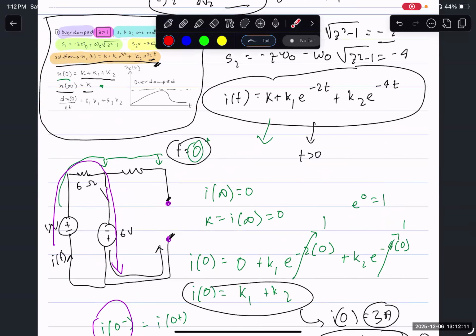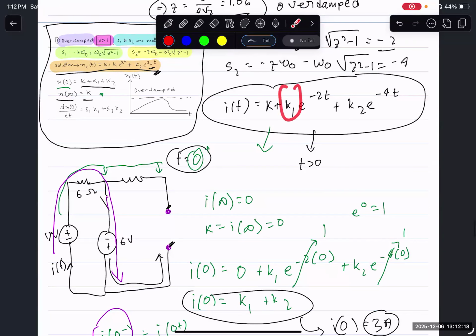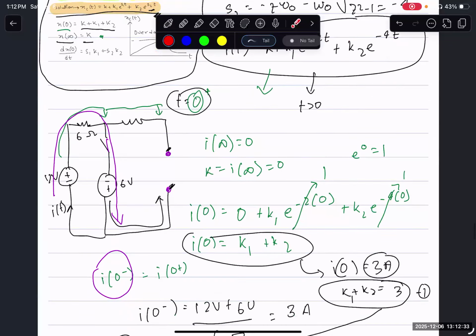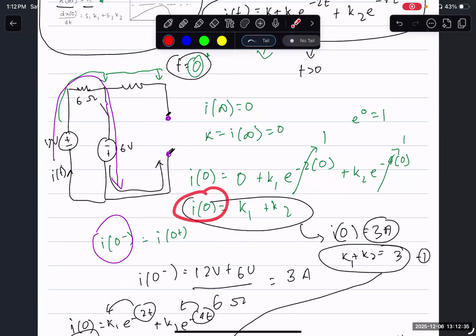And now you would have to find out the other two, K1 and K2. So you have K equal to zero, you replace it here. And remember that it was at time equal to zero. So you replace the t's in this equation with zero. See, t is equal to zero, t is equal to zero. What happens is that it gives another equation: I at time zero is going to be equal to K1 plus K2.